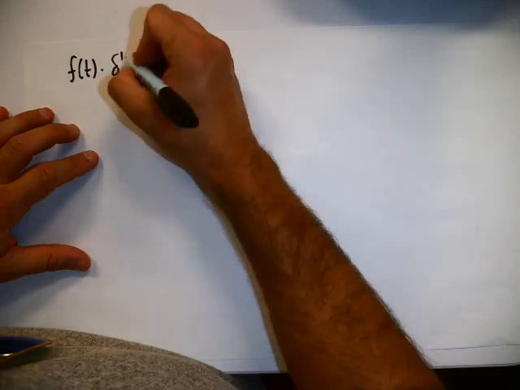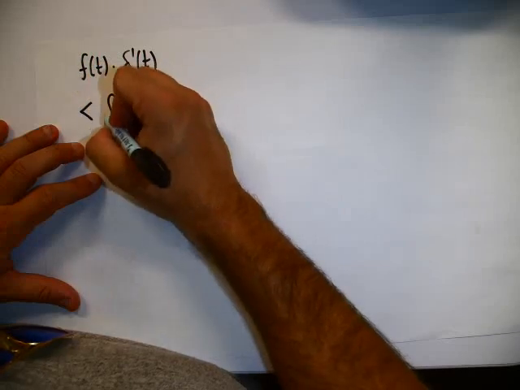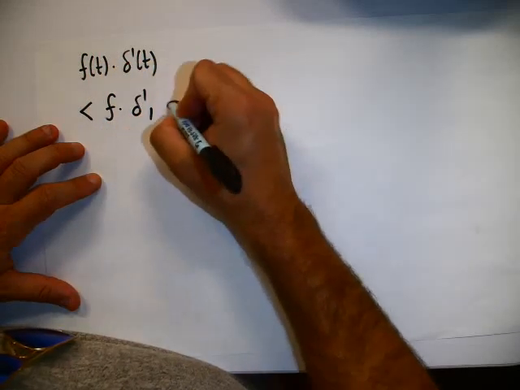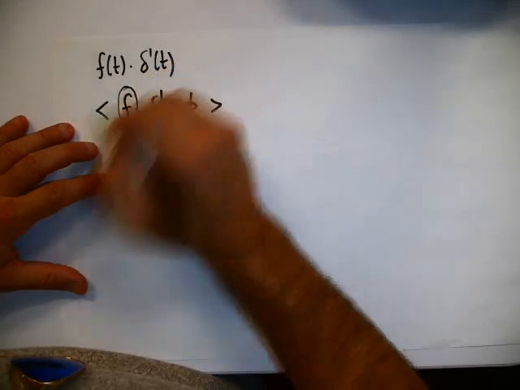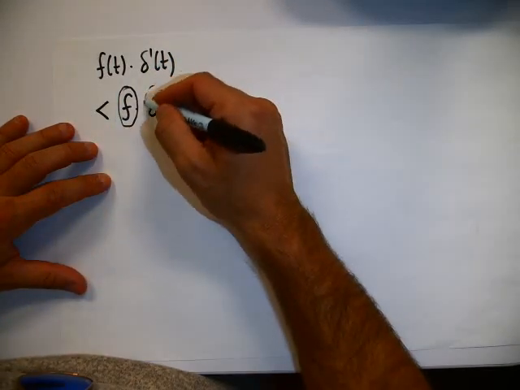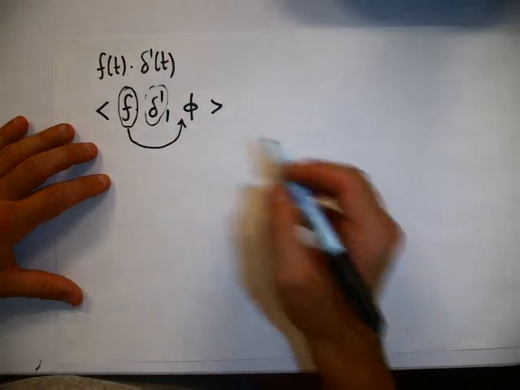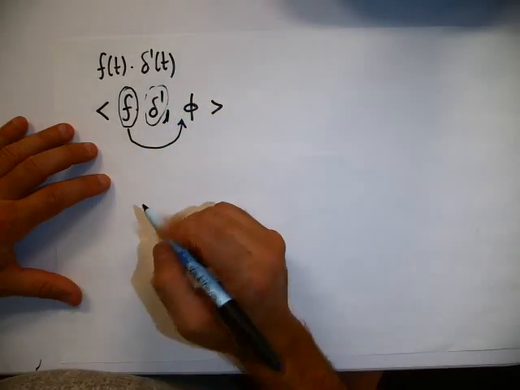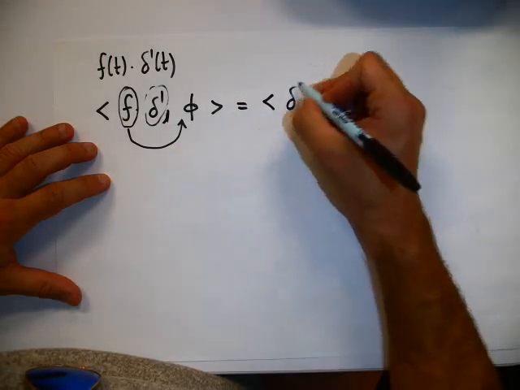In the sense of distributions, this is f times delta prime comma phi. Again, I have a regular distribution times a singular distribution, so I can bring the regular one to the side of the test function, as I showed you in the previous lectures. This is delta prime comma f phi.